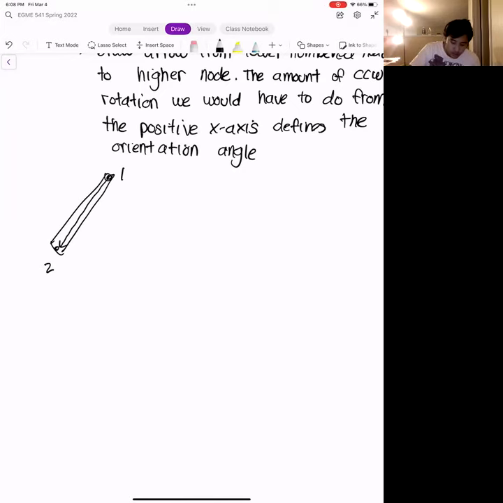And so the orientation angle, the one that we plug into our element stiffness matrix, the way that we obtain that was we first draw our positive x-axis, and then we rotate around there as much as we need to. This angle of rotation that I have here is the theta angle that you would plug into the element stiffness matrix. And so that's how we describe the orientation of the truss elements.